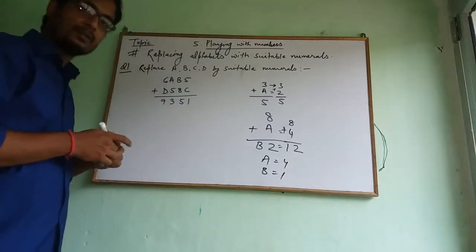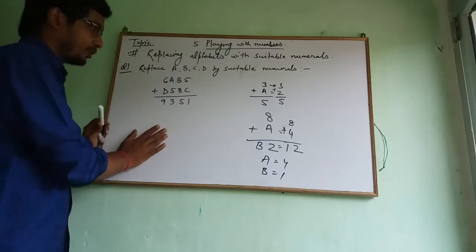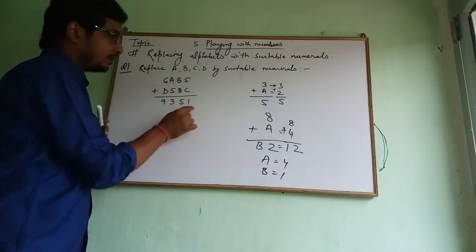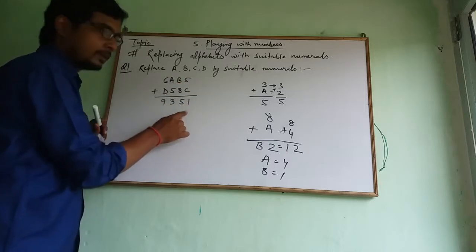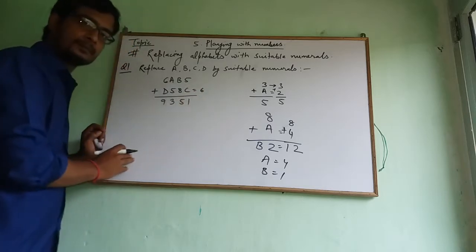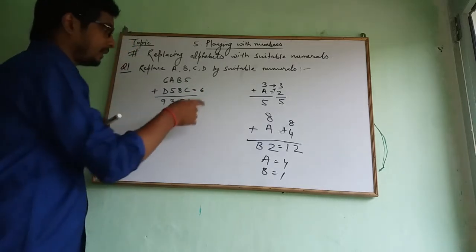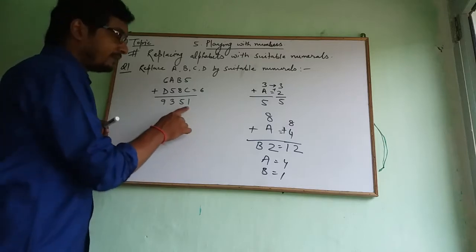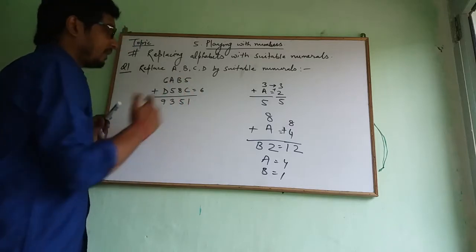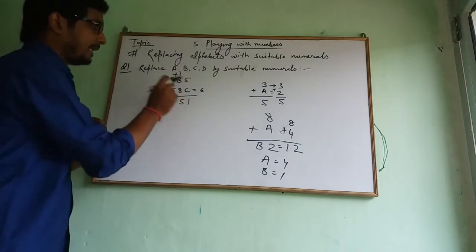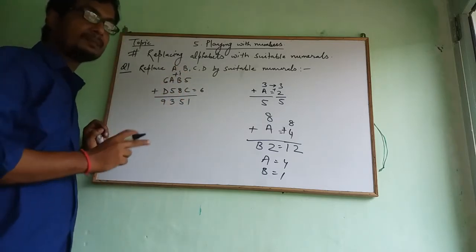So I thought that you got the concept. Now let's come to this question. What must be added with 5 to get 1? So I may take it as 6. When 6 is added with 5, the answer will be 11. Now 1 will be taken here and 1 will be carried here. Now 1 plus 8 becomes 9.